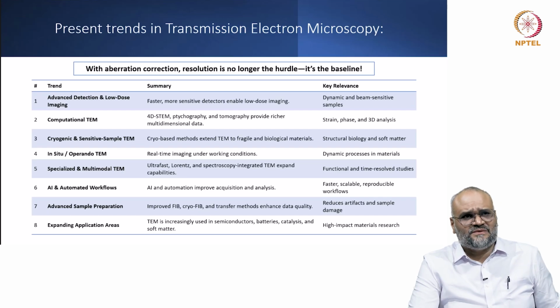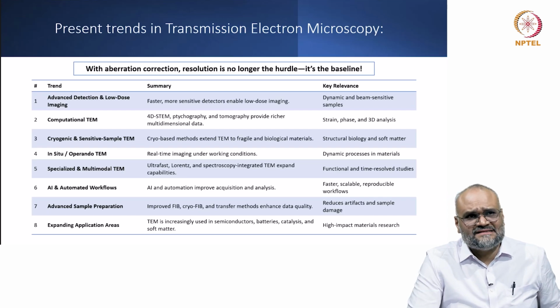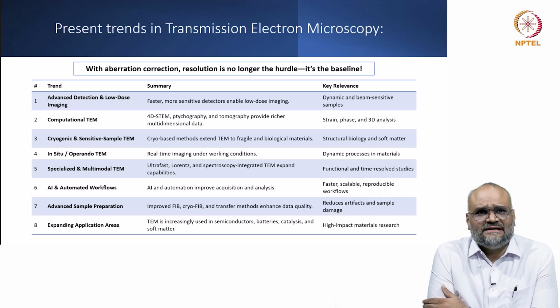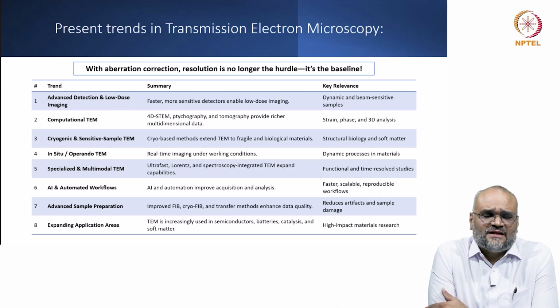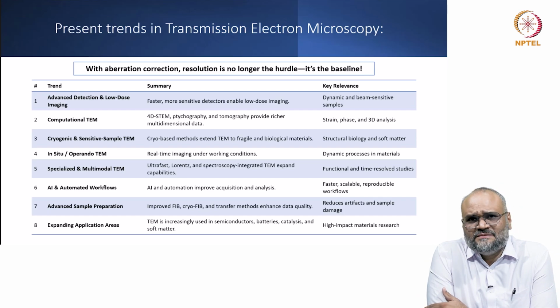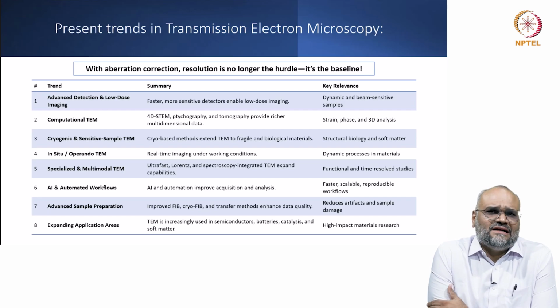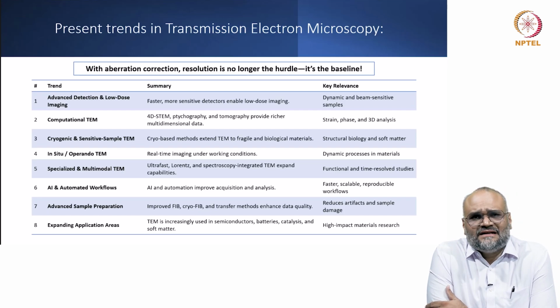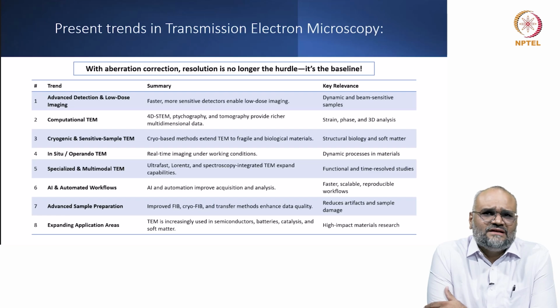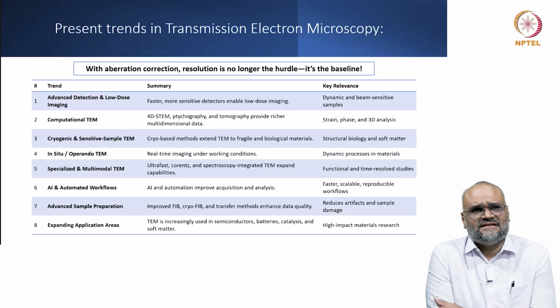Then we also have advancements happening in cryogenic and sensitive sample TEM. There are cryo-based methods that are being developed largely for biological materials, but also for a lot of functional materials where you have interesting properties close to 4 Kelvin or even lower liquid helium temperatures. So there is a lot of advancement happening in this direction as well.